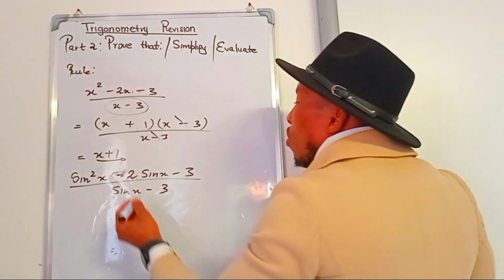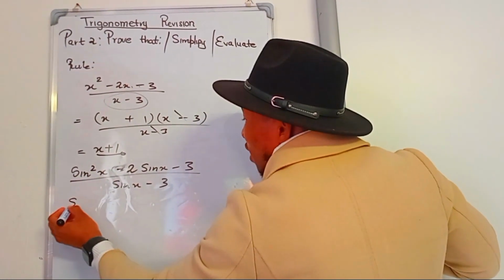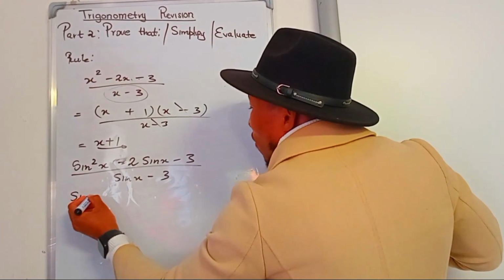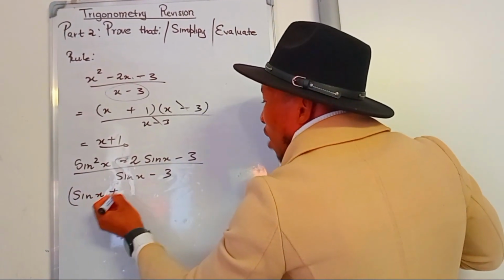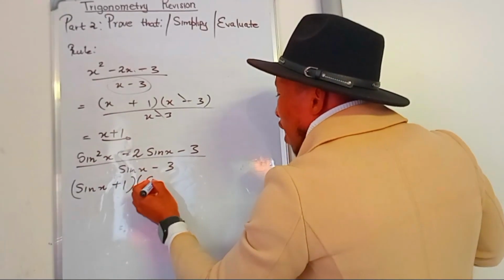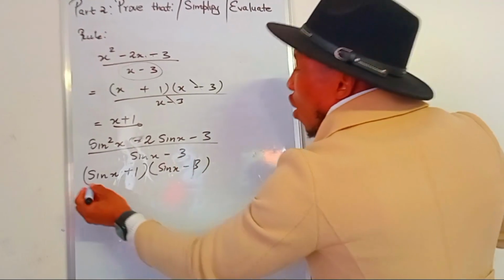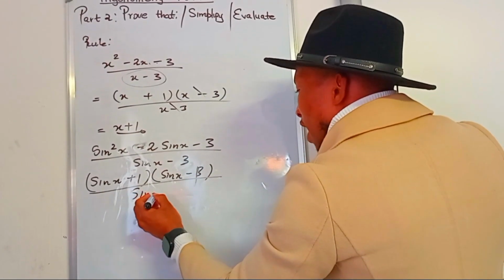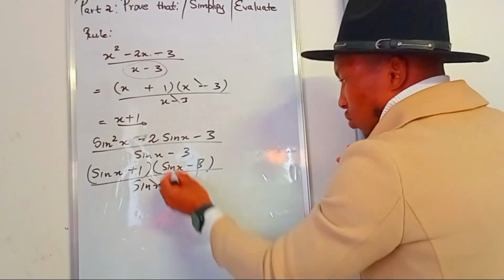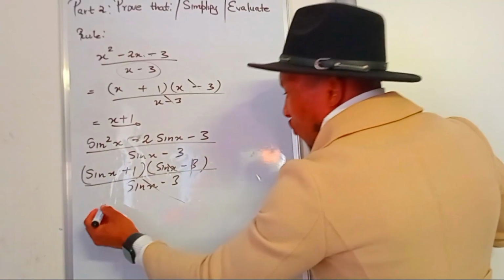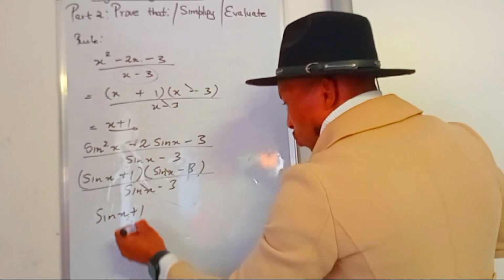Then what you're going to do is open brackets, we have sine x plus 1 and also sine x minus 3, all over sine x minus 3. Therefore, this one is going to manipulate this one. Therefore, we are left with sine x plus 1. Okay.